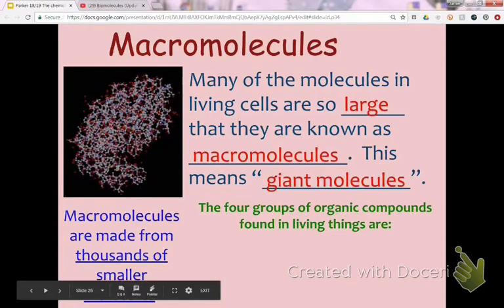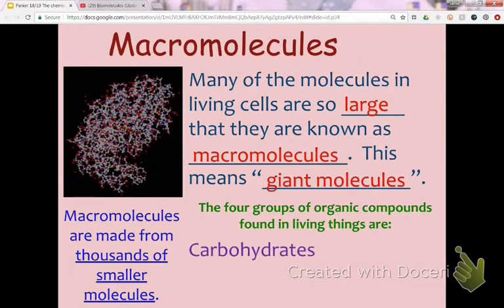I want you to add a word to your notes: monomers, M-O-N-O. Is that in your vocab? Okay, perfect. So these smaller things that make up a giant thing are the monomers, and the giant macromolecule is a polymer.